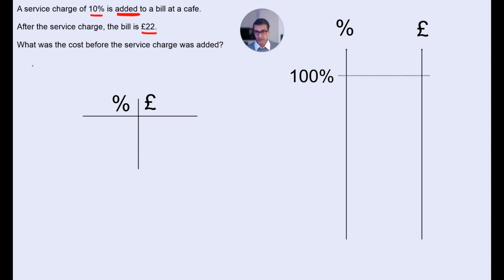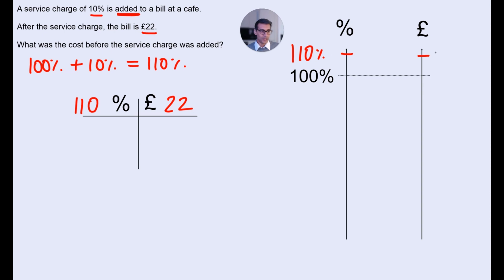So this is telling us we have 100% plus 10%, which gives us 110%. So 110% is equal to £22. So we need to work out the original cost. So what we're working out is 100%.